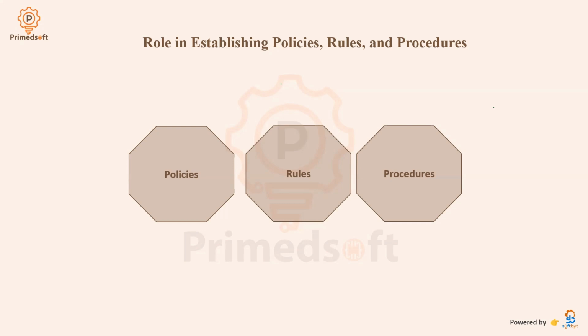And the other one is the procedures, which are the detailed steps and processes to implement policies and rules effectively. That's what we call the procedure. So we have the policies, the rules, and the procedures. The policies are guidelines and objectives for data management.